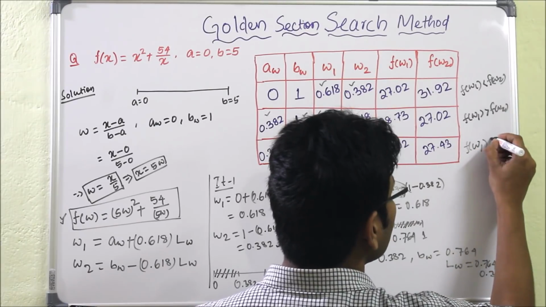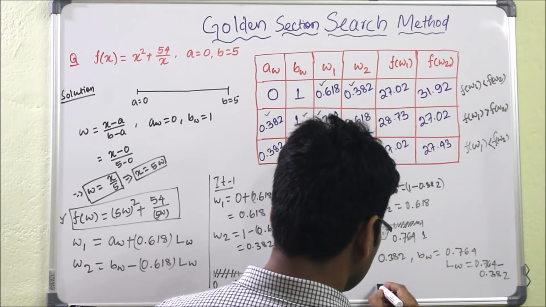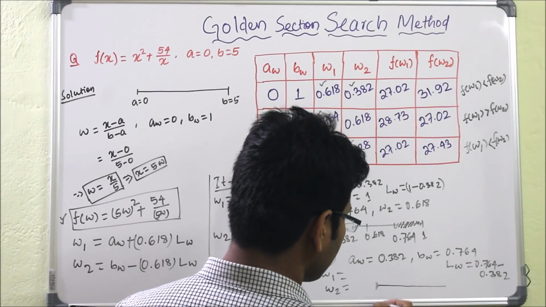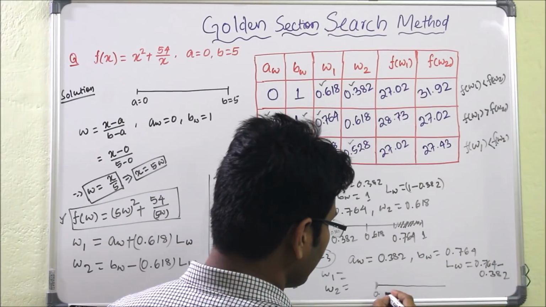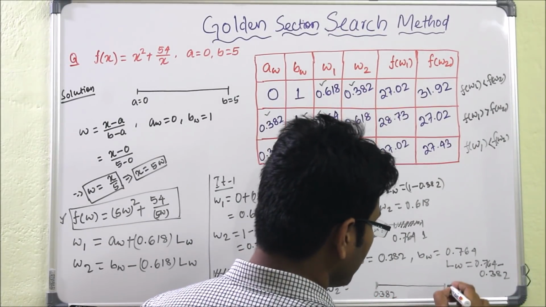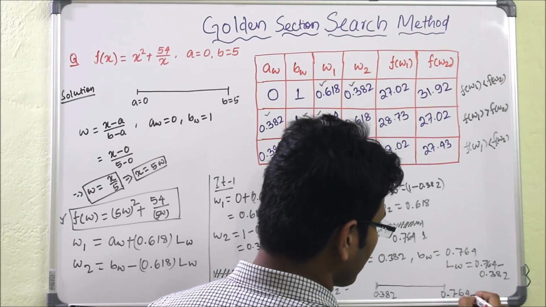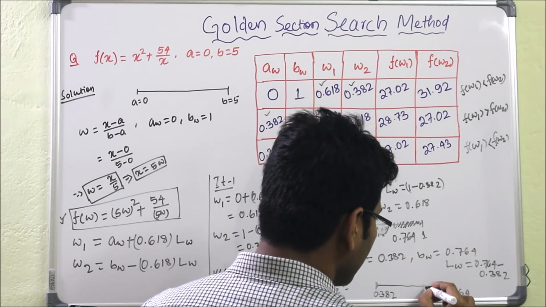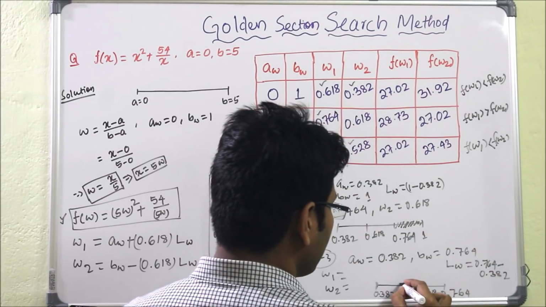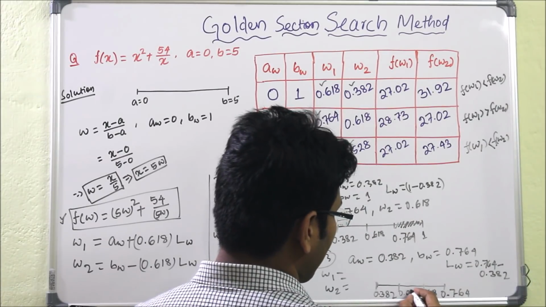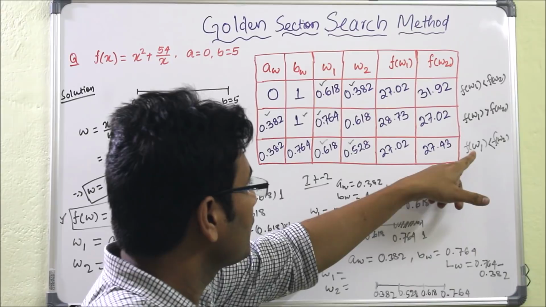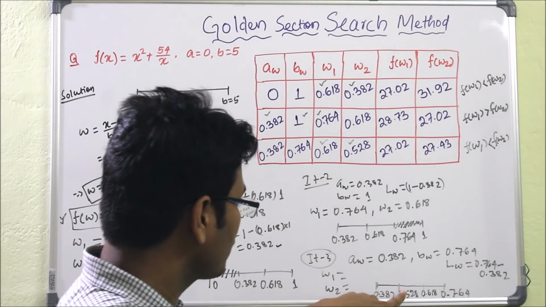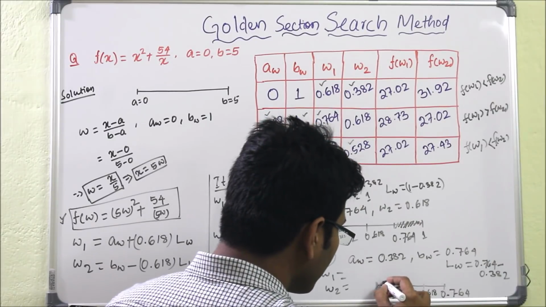We can show this on the number line. Here aw is 0.382 and bw is 0.764, w1 is 0.618 and w2 is 0.528. Since f of w1 is less than f of w2, at 0.528 the function value is more, so we have to delete this region.